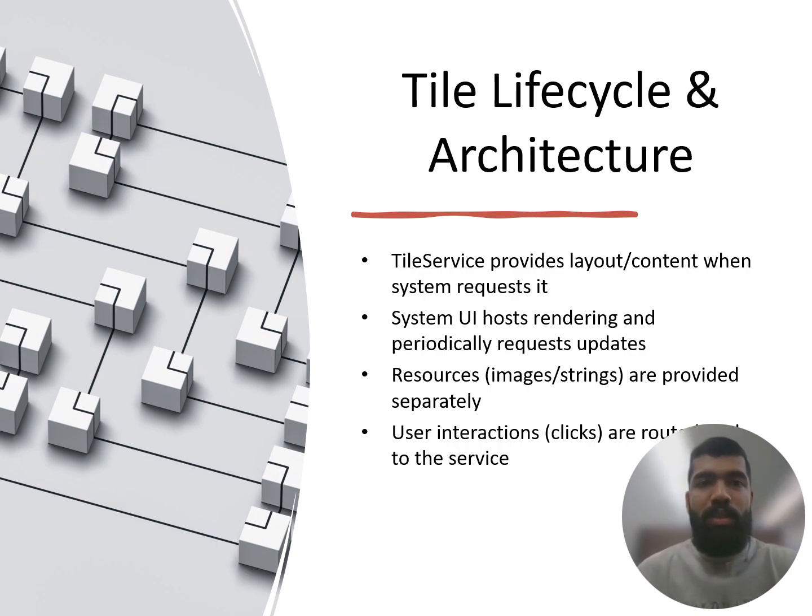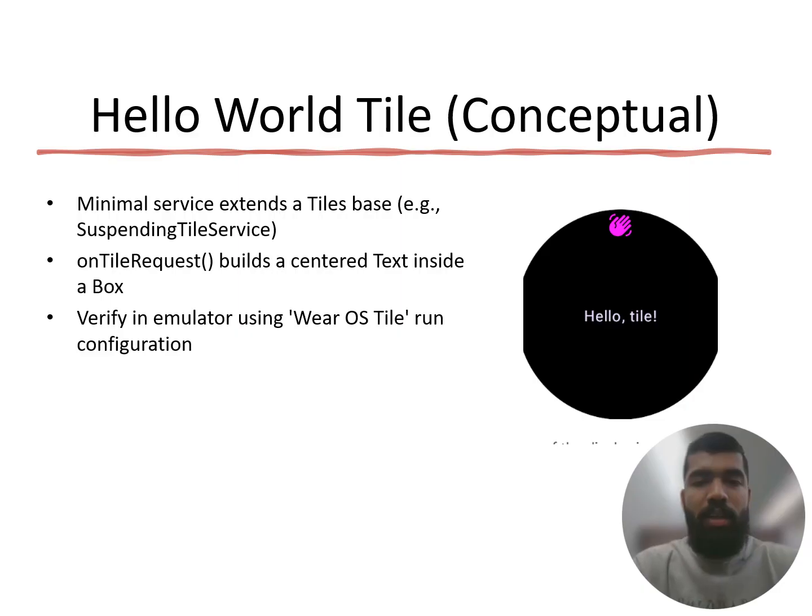Moving further, let's look at the Hello World tile. The simplest example for a Wear OS tile app is the Hello World tile. It displays centered text saying Hello tile, as you see here in my screenshot. This is done by using a box with a text element inside.